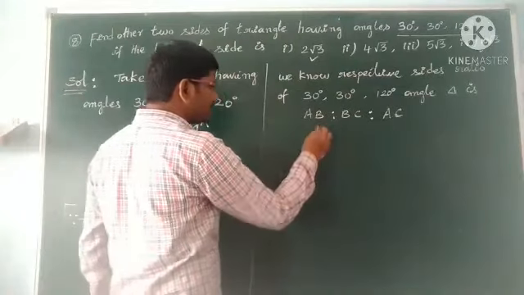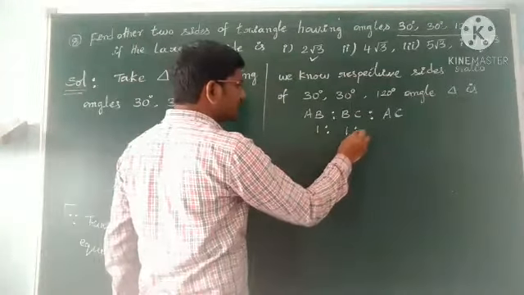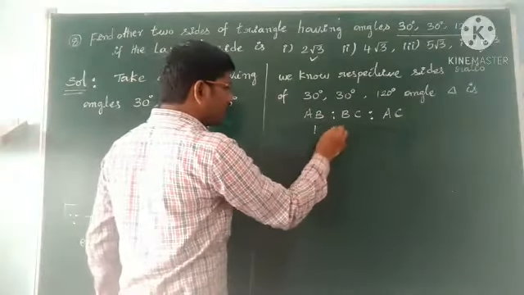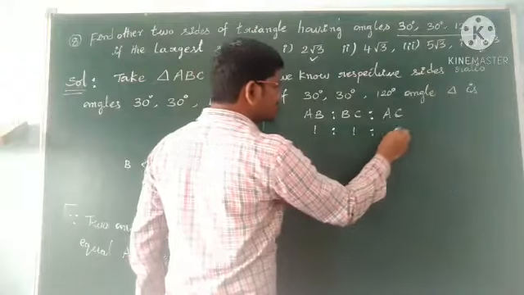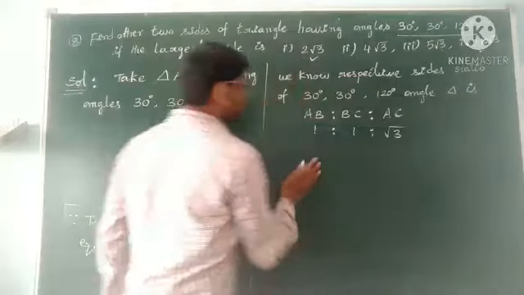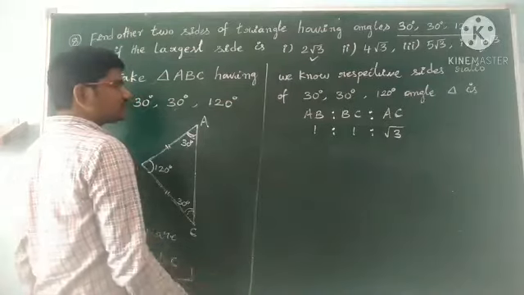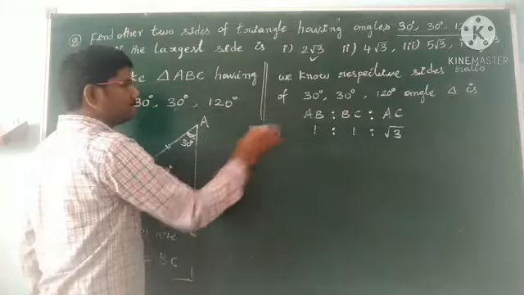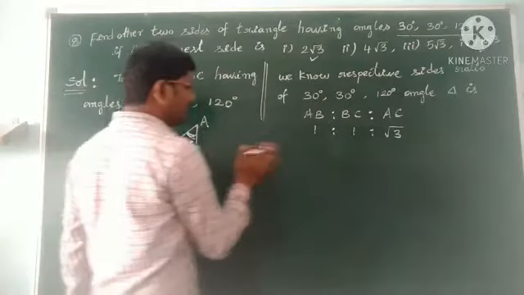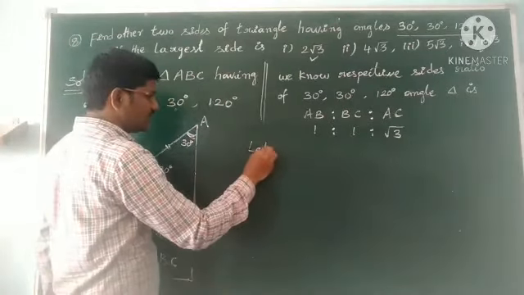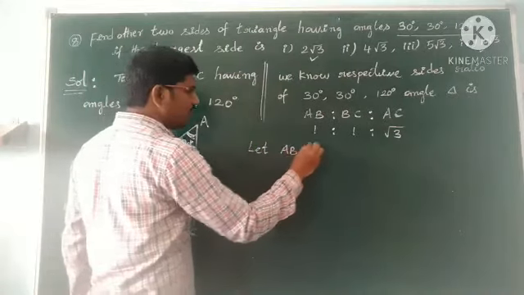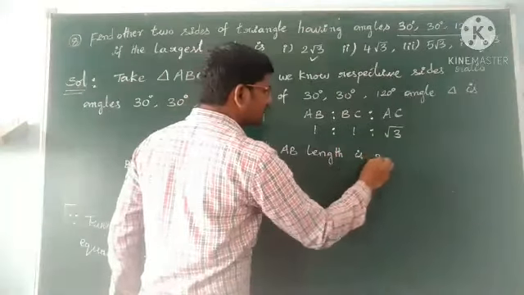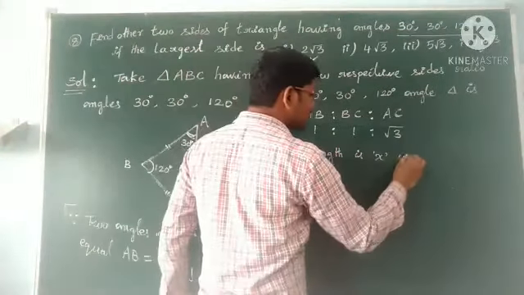How much is that, my dear students? 1 is to 1 is to root 3, we have derived. So let AB length be x units.